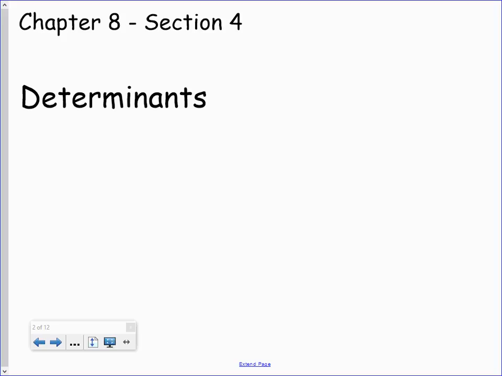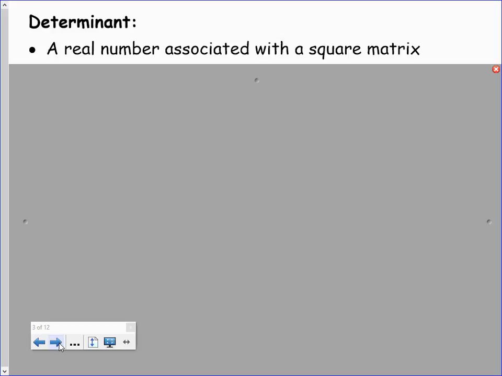Okay, so today we're going to talk about determinants. A determinant is a real number associated with a square matrix. Notice that a lot of the stuff that we have done with matrices, including inverses and identity matrix, has to do with the square matrix. And so we'll only do determinants for square matrices.